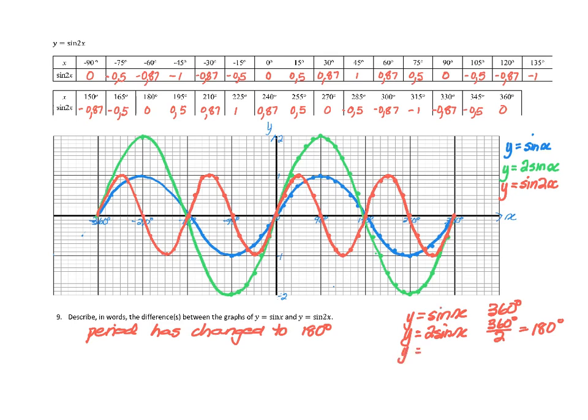Y equal to 3 sine x will have a period of 360 divided by 3, which is 120 degrees. That means that this entire wave will be completed in 120 degrees.